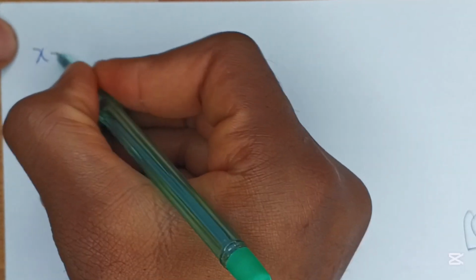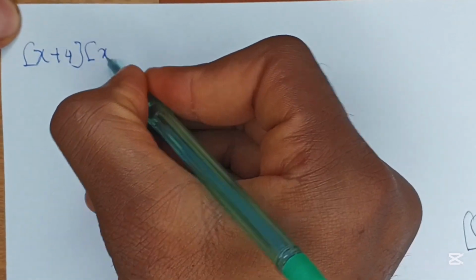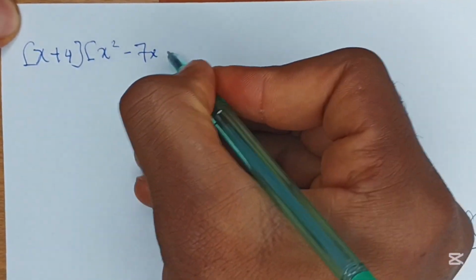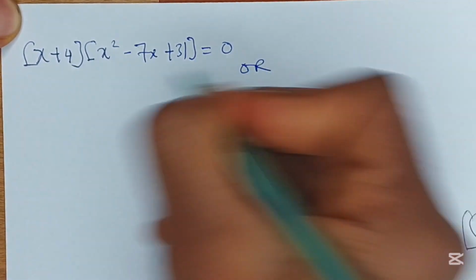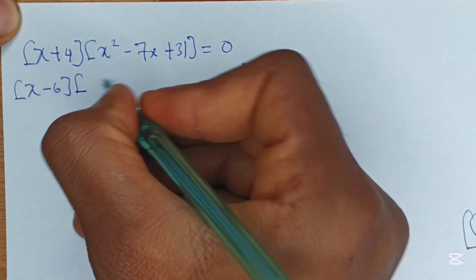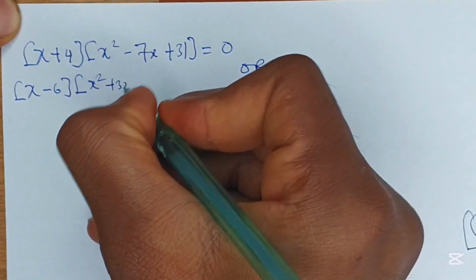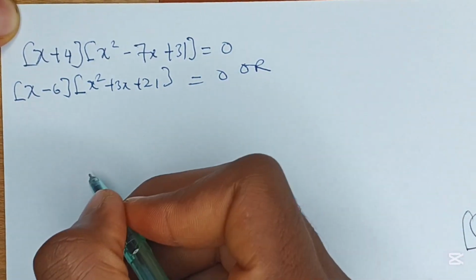So x plus 4 multiplied by x squared minus 7x plus 31 is equal to 0, or x minus 6 multiplied by x squared plus 3x plus 21 is equal to 0.